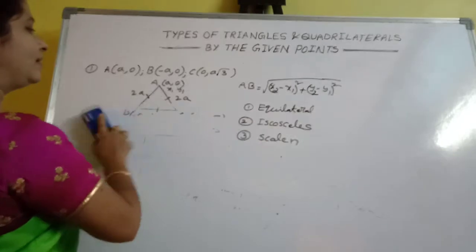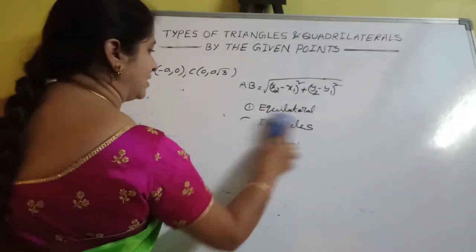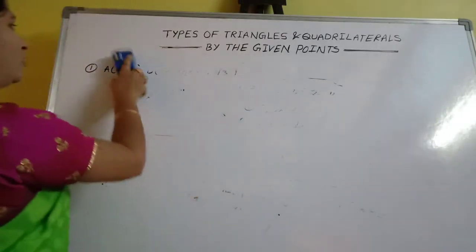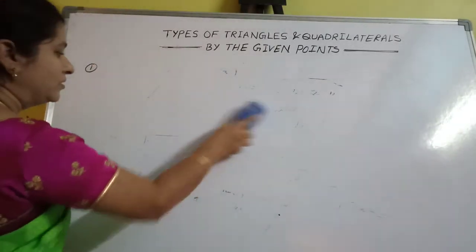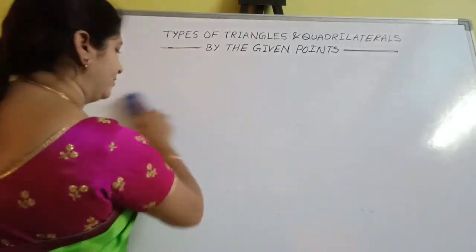In a quadrilateral, how many vertices are there? 4 vertices are there. So for a quadrilateral, 4 points are given.